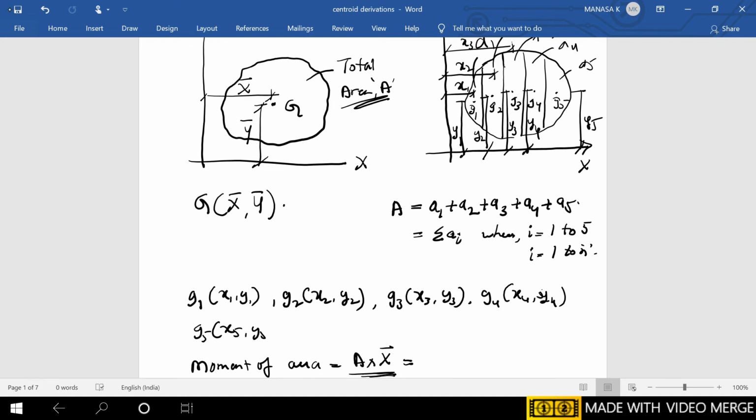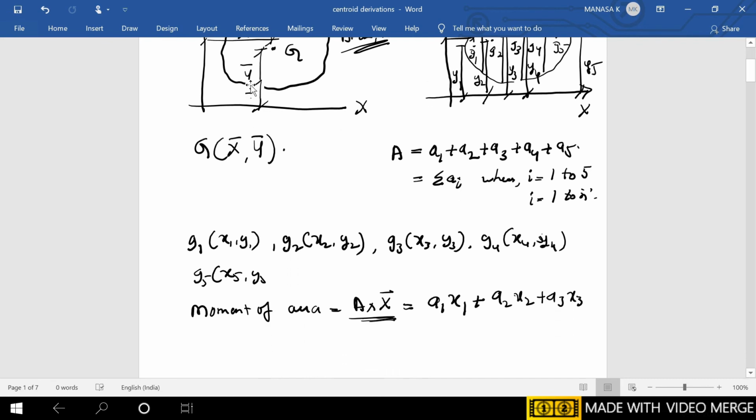Let us start with the first elemental area. Area A1 into the perpendicular distance to the y-axis, from G1 till here, is A1 x1, plus A2 x2, plus A3 x3, plus A4 x4, plus A5 x5. So this is the first principle of moment.